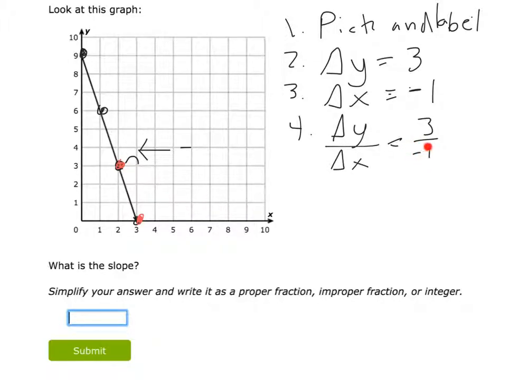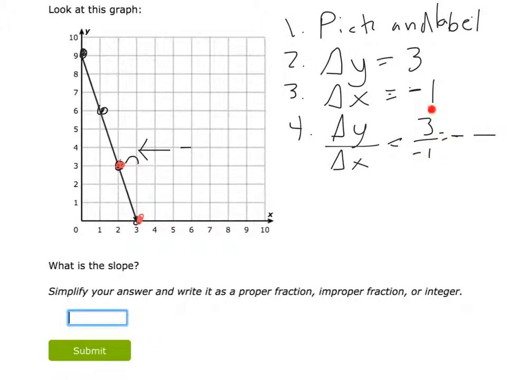Alright, a couple rules here. When we have one negative and a positive, we're just going to go ahead and bring the negative in the middle of the fraction. So equals negative there. And notice that we have a 3 divided by 1. If the 1's on the bottom, you can drop it.